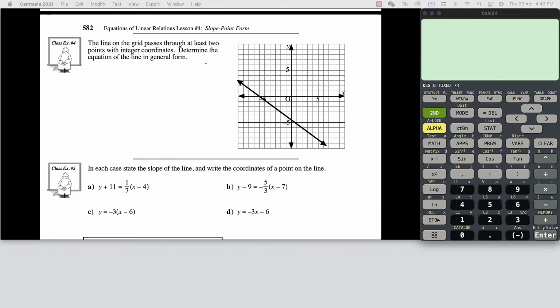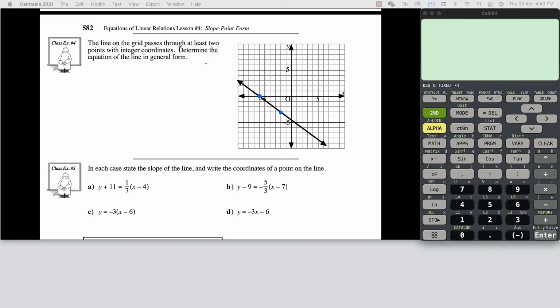Okay, here we go with class example 4. So we have a grid and a line on the grid that's passing through some points. So we got to find some actual points that are passing through exact coordinates right here, and there would be one right there, and it looks like one right at the x-intercept.